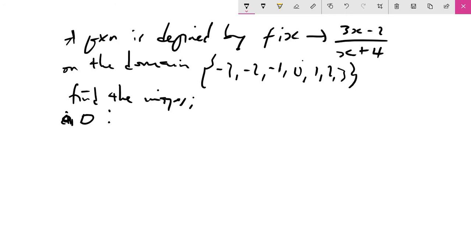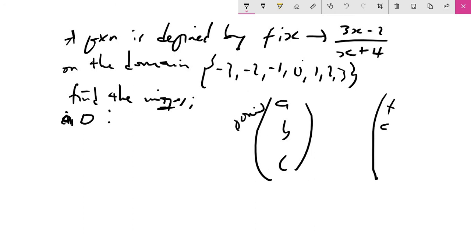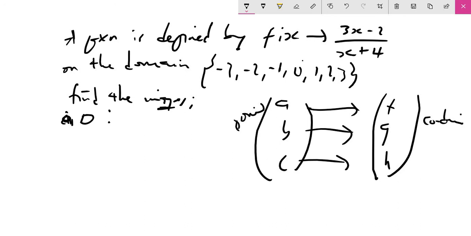Okay, so when they say you should find the images, right, each element in the codomain is called an image. So just so you see that, this is the domain mapping to f, g, h. Right, this is the codomain, which is the range in this particular case at the same time. But each element is an image of this.